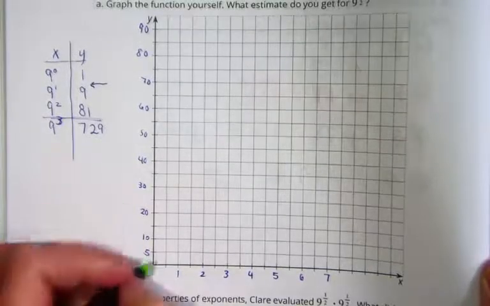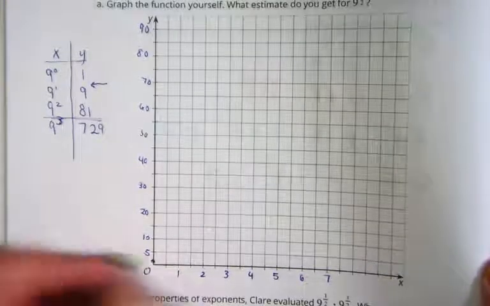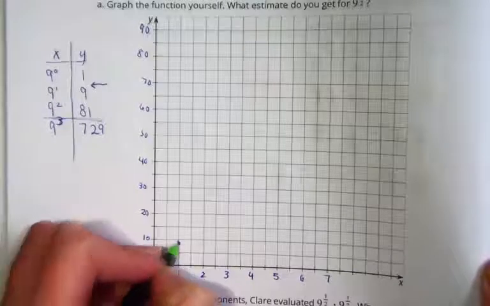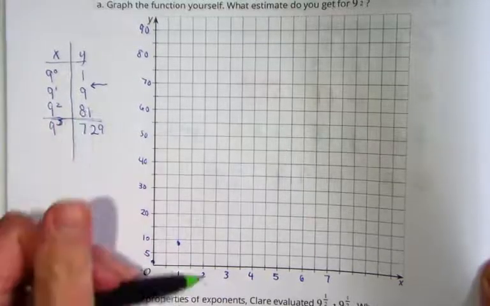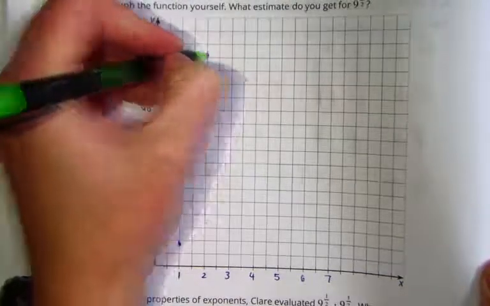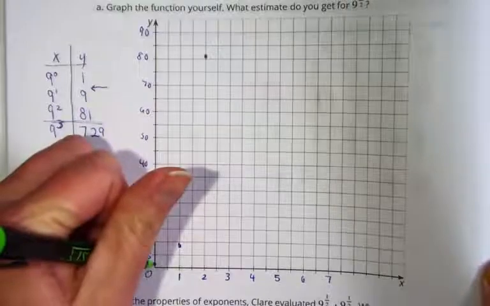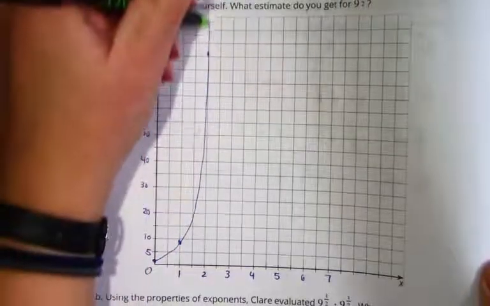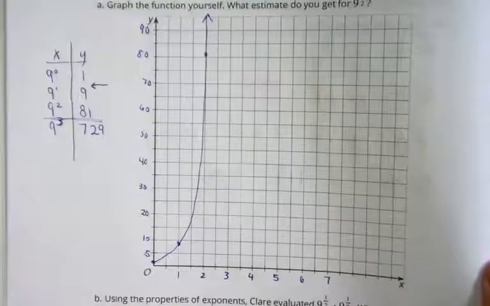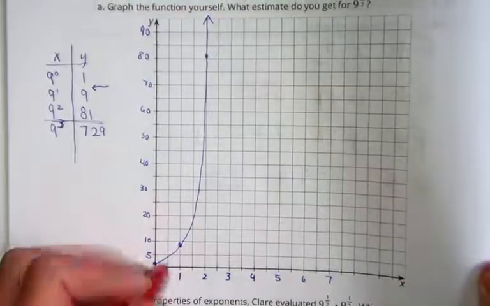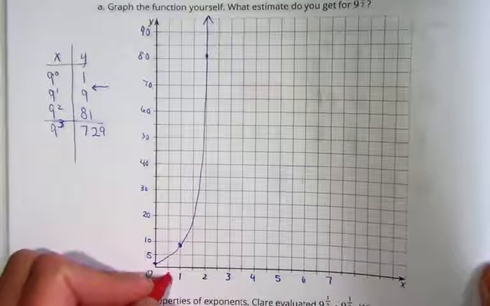And so when I plugged in 0, I got 1. I plugged in 1, I got out 9. I plugged in 2, I got out 81. Now you see why they're called exponentials. Look at how high they grow so quickly. Graph looks kind of like that. So if we're looking for 9 to the 1/2 power, that would be this line right here.